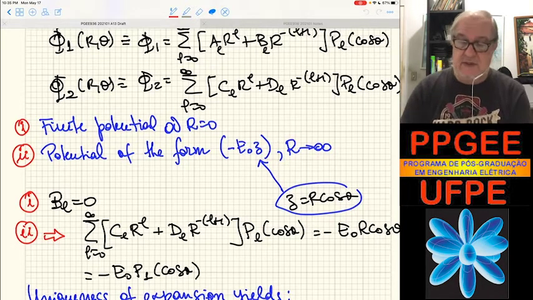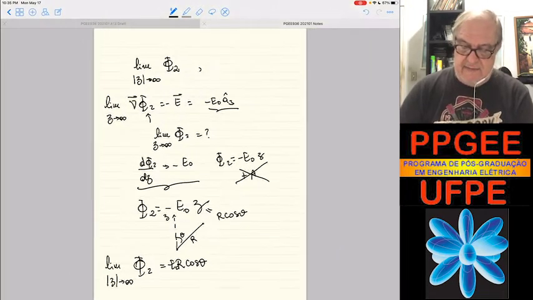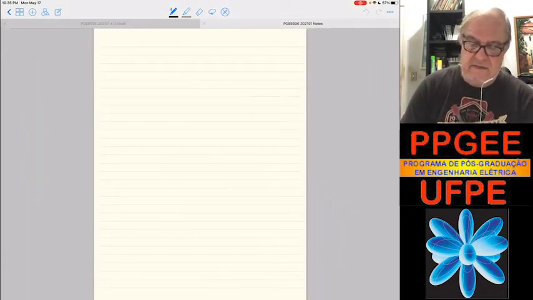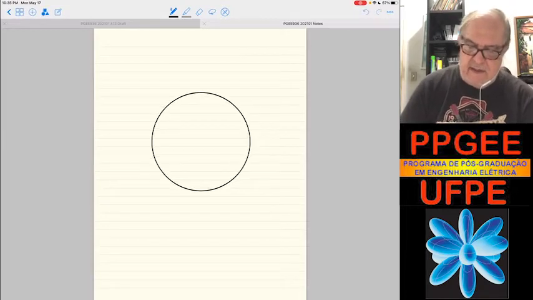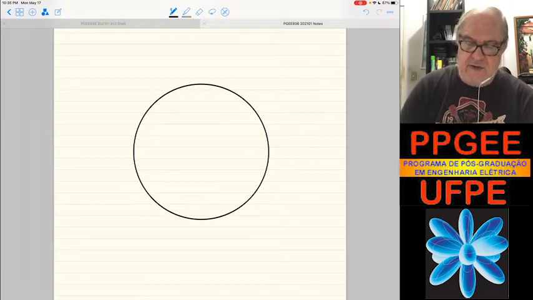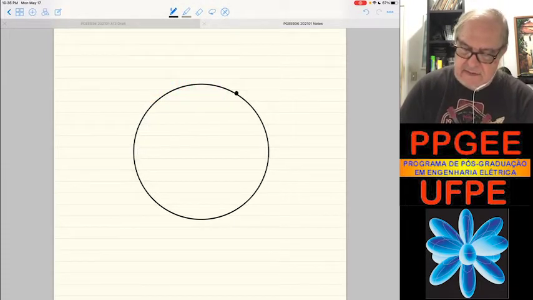Then we have two additional boundary conditions on the sphere. If you go to the sphere, you have to match the potential at r equals a.